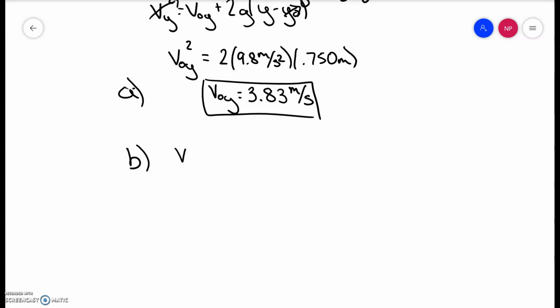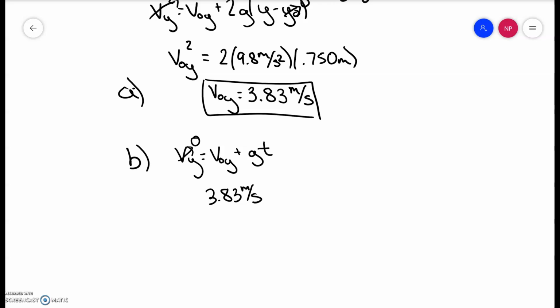So I am going to use the very first one because we do know that that vy at the top is going to be 0. So 0 equals v naught y plus g times t. And so here vy at the top is going to be 0 with that initial y velocity of 3.83 meters for every second.